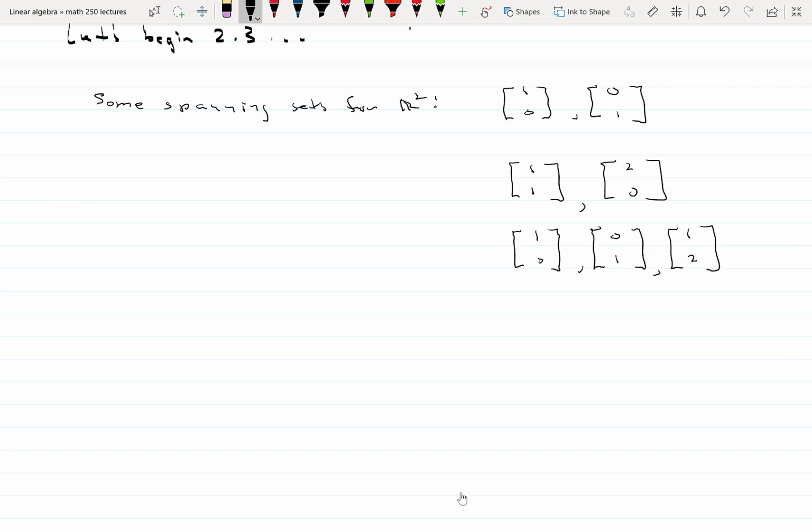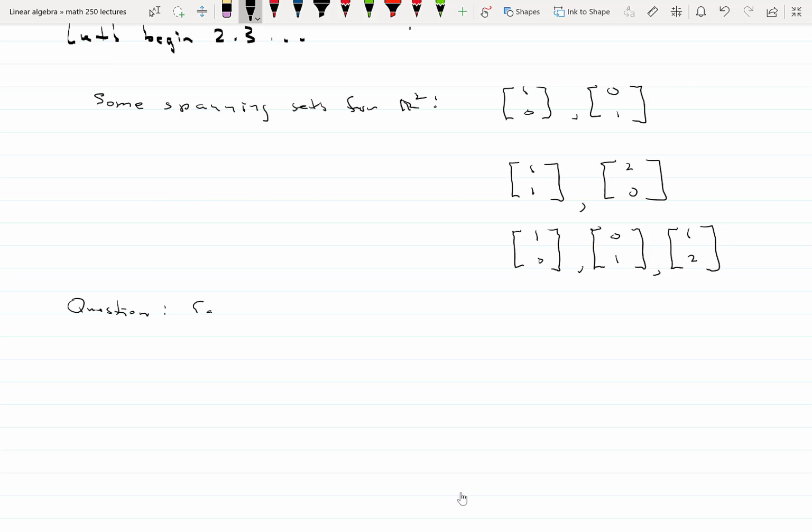So let's hold off on that concept for right now. So here's a question. It looks like I've produced three spanning sets for R2, three sets of vectors, each of which completely spans R2: the standard basis vectors, two other vectors, and a set with three vectors in it.